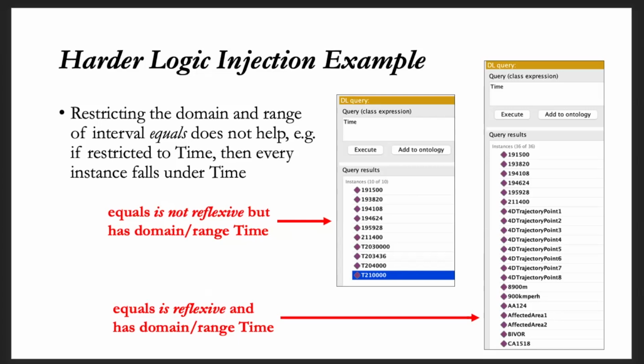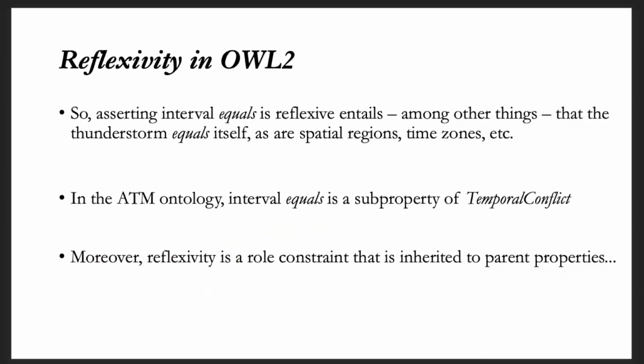Equals not reflexive but with domain and range time is fine. This is what you should get. But if you put equals is reflexive and has domain and range time, this covers everything in the domain, including affected areas and forecasts. It entails, for instance, that thunderstorms are equal to themselves and spatial regions are equal to themselves, even though it's about intervals.